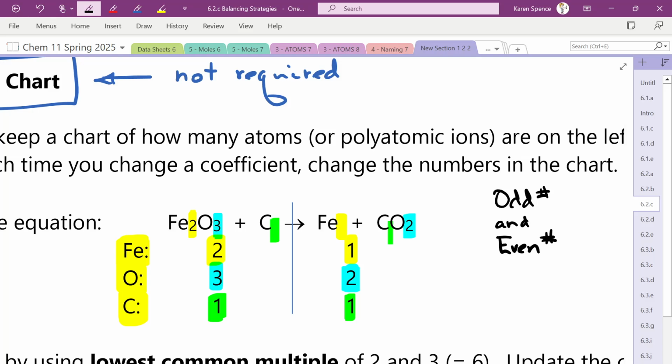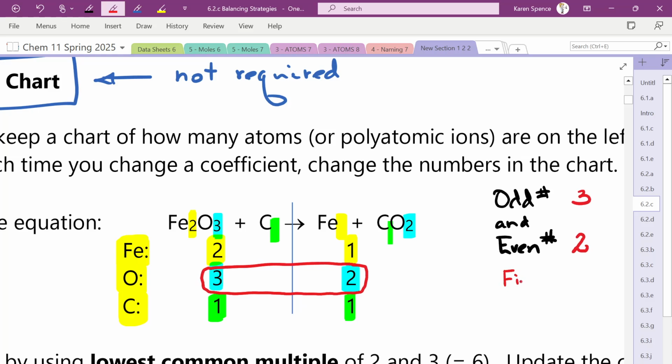There's actually a couple of them. But let's focus in on this 3 and this 2. So we have an odd number, in this case, a 3. The even number is 2. When you have an odd and an even number, usually the best way to go about it is to find the lowest common multiple.